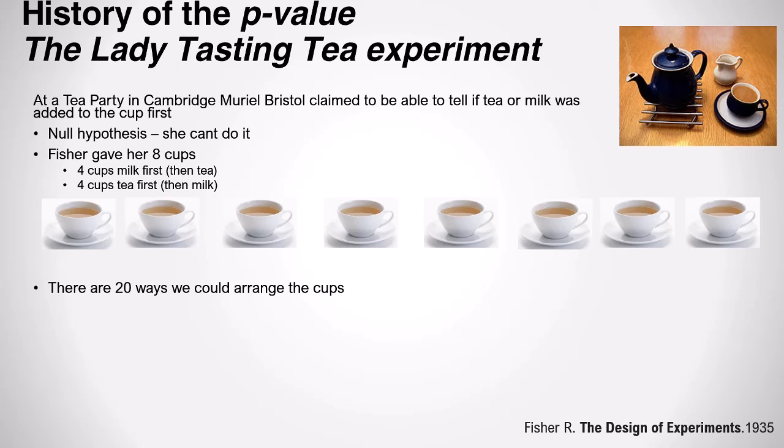there are 70 ways that he could arrange the cups, and therefore Muriel had a 1 in 70 chance of getting it right, which is quite small.